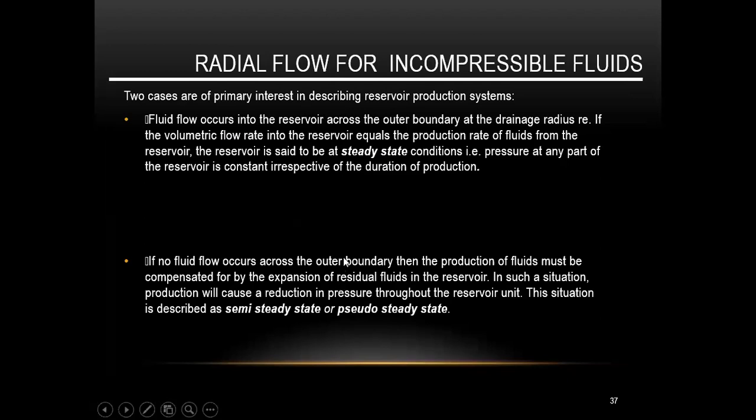First, let's look at the steady state condition. What does it say? In the steady state condition, fluid flow occurs in the reservoir across the outer boundary at the drainage radius if the volumetric flow rate into the reservoir equals the production rate. Now let's look at what it says. We have the reservoir, which looks like this.